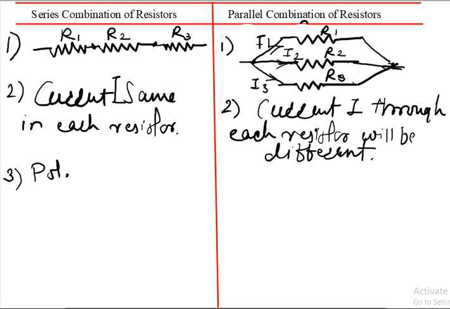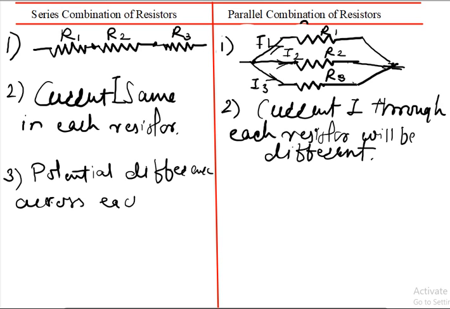Here, in series, the potential difference across each resistor will be different.